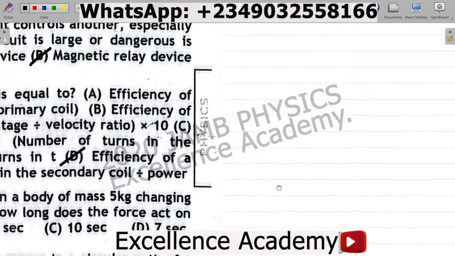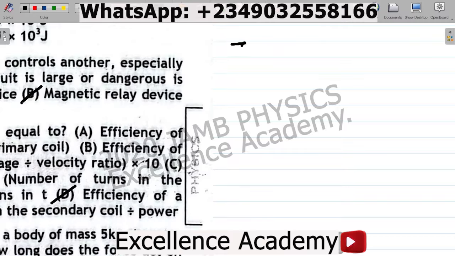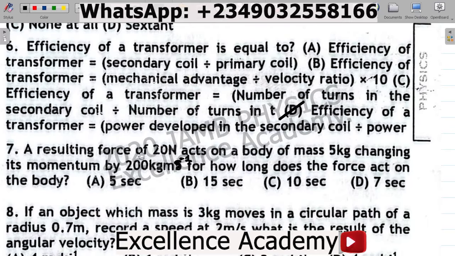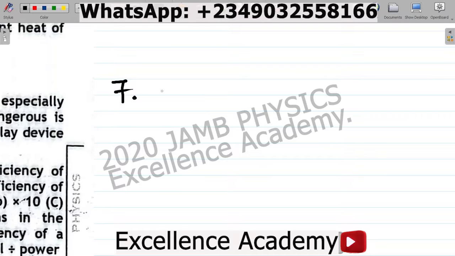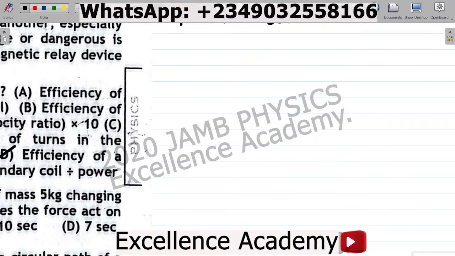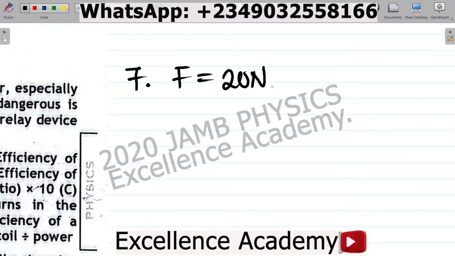For question 7, let's look at the parameters we are given. A force of 20 Newton, so force F is equal to 20 Newton, on a body of mass 5 kilogram, so mass M is equal to 5 kilogram.